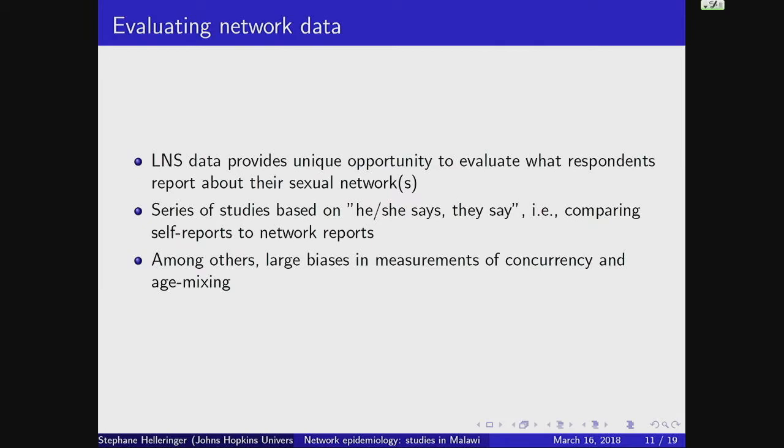And doing this type of study, we found fairly large measurement biases and errors in measurements of concurrency and age mixing, for example. So some of those key network dynamics that we talked about earlier.